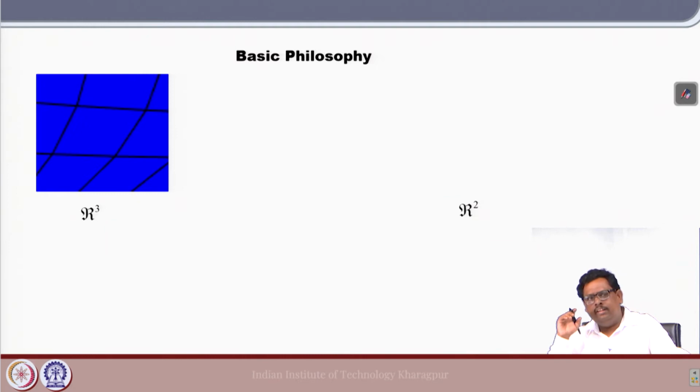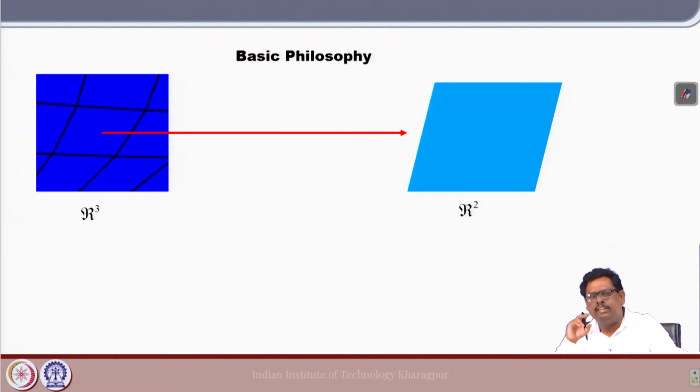I have this R3 domain, a 3 dimensional coordinate. I need to first transfer this 3 dimensional point to the 2 dimensional quadrilateral surface. Both are quadrilateral, but one is an inclined plane and the other is a 2D plane.